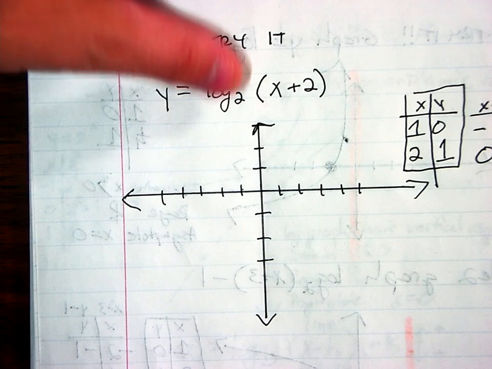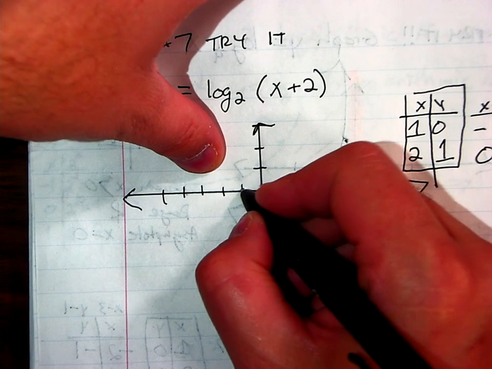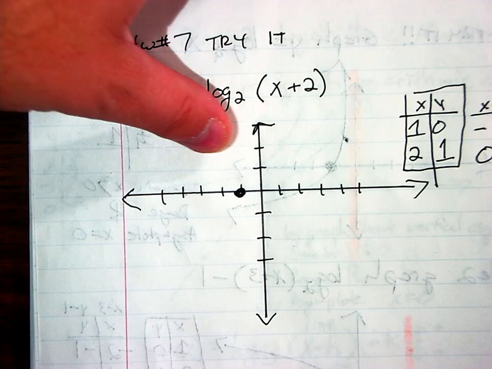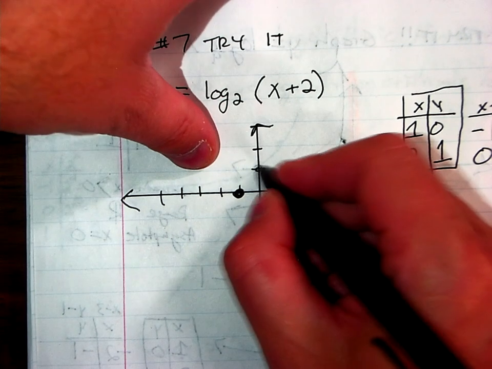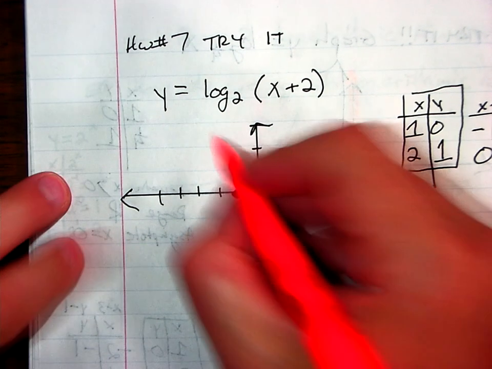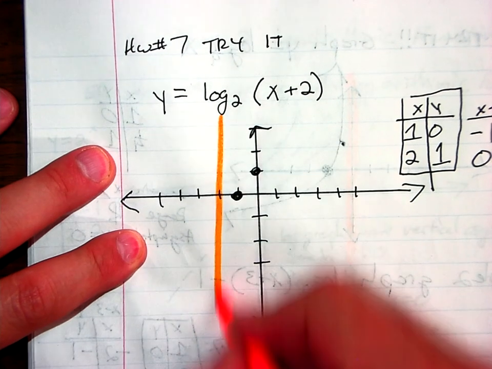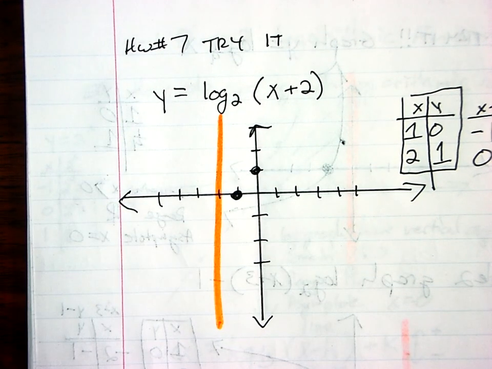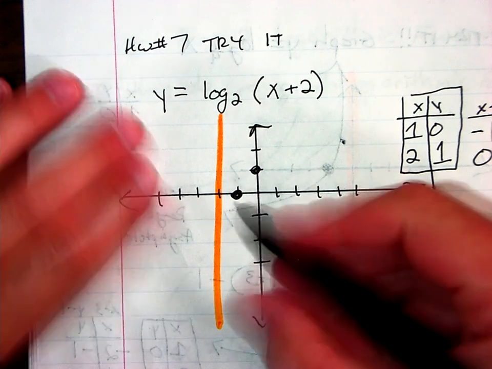All right, let's graph. Back 1, up 0. Over 0, up 1. Where did my asymptote go? Over how many? 2, to the left. So that's my asymptote. 0, 1. So now this is just going to look like this.